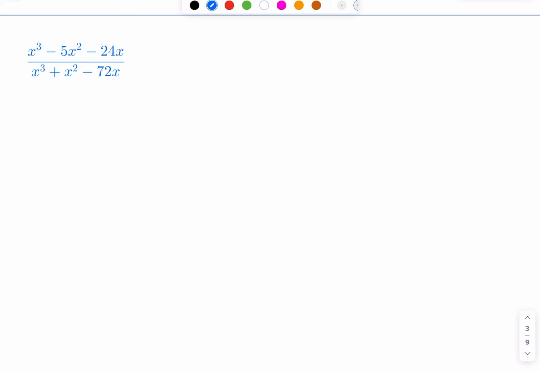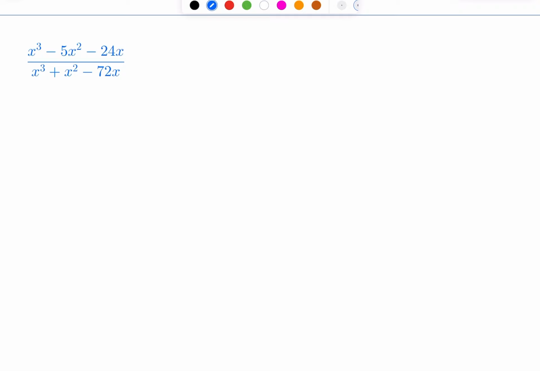So here we've got two sets of polynomials, and the first thing that we want to do is simplify this or factor out a greatest common factor. Okay, and so if you take a look at these three terms, we see that all three terms have an x in them. Same thing with the denominator, right? There's an x here, there's an x there, and there's an x there.